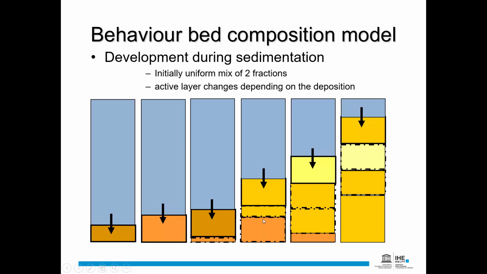After that, the underlayers are becoming more and more visible. And depending on the type and amount of sediment that is deposited, the active layer and underlayers may differ. So these are the principles of how this bed composition model works.